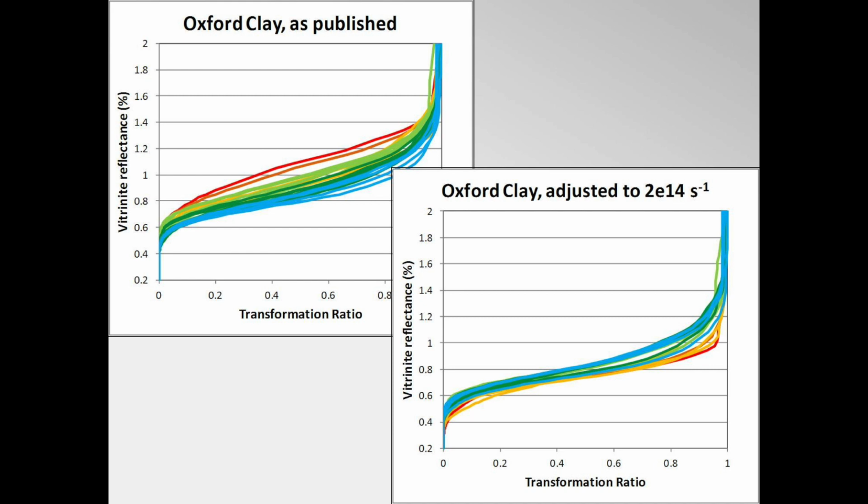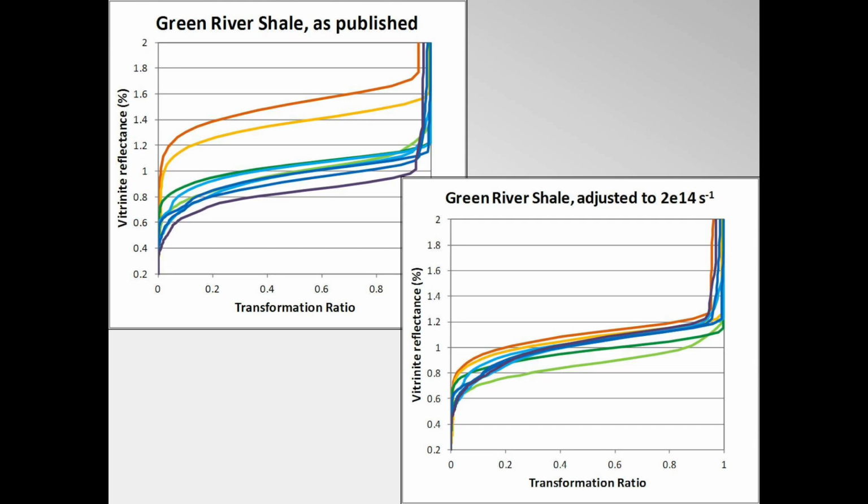So instead of mixing completely the samples with different A factors, we now seem to be introducing a bias where the ones that were originally slowest are now fastest. And that might suggest that correcting to a single A factor might not be the best possible solution.